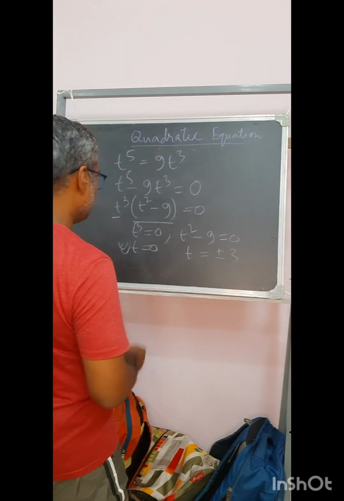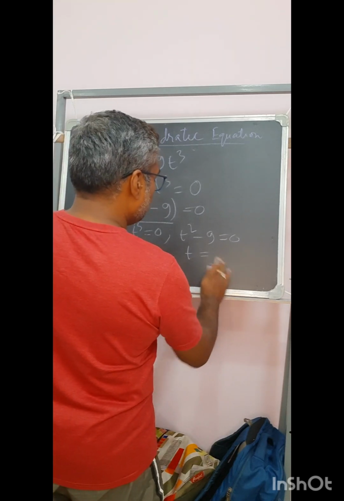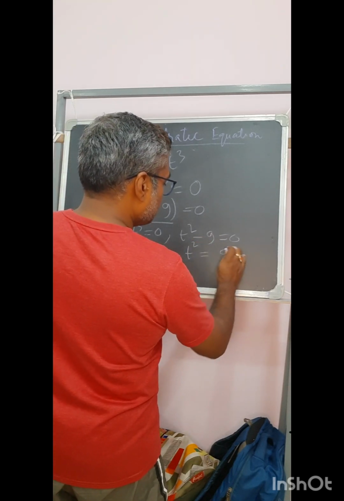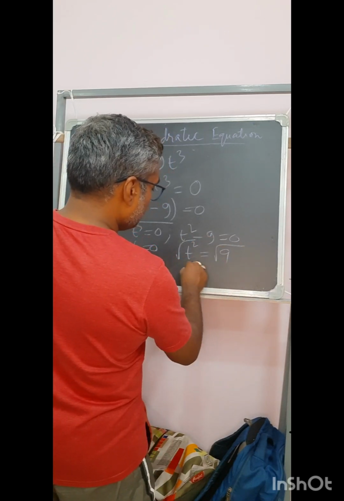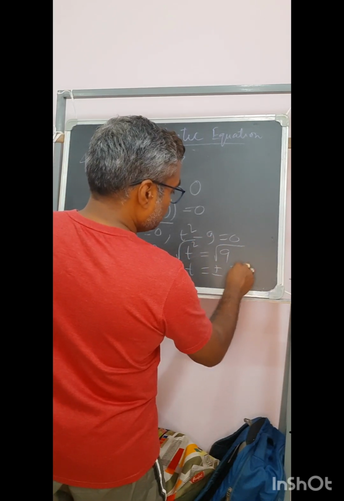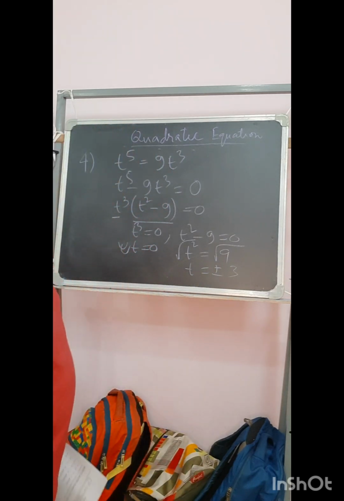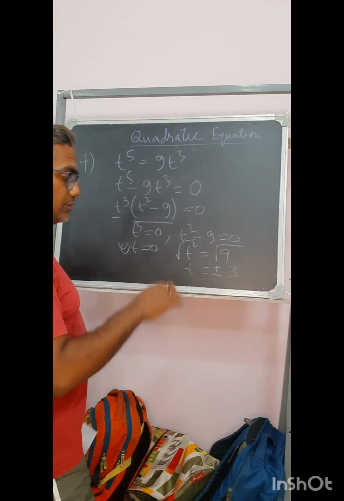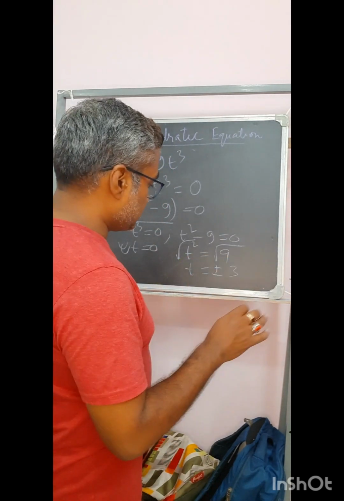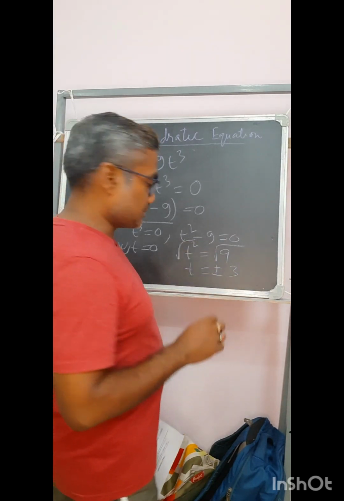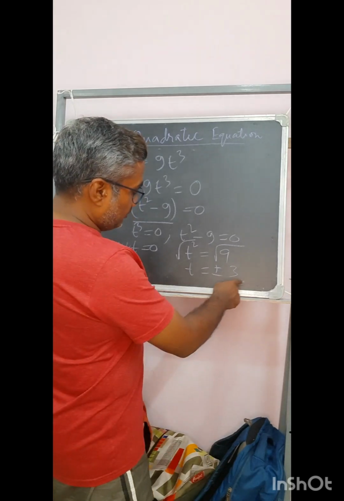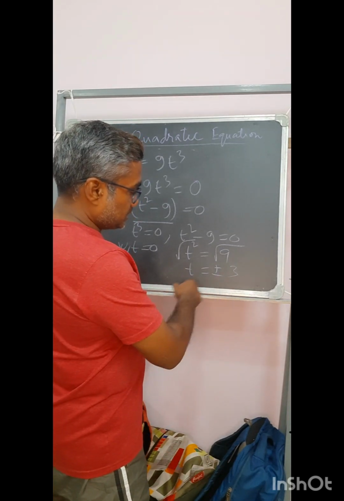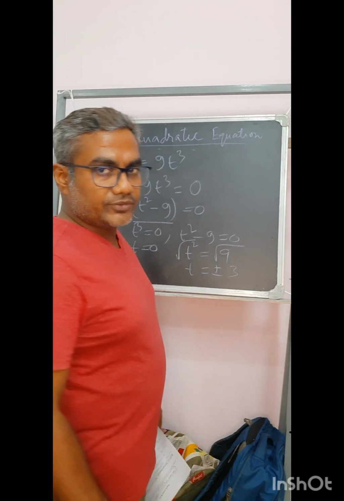How can I reach there? Because you remember, whenever you take the square root of anything, you must bring the plus minus sign. If it is not specifically told that you concentrate on the positive or negative sign, you have to always say plus and minus of the value.